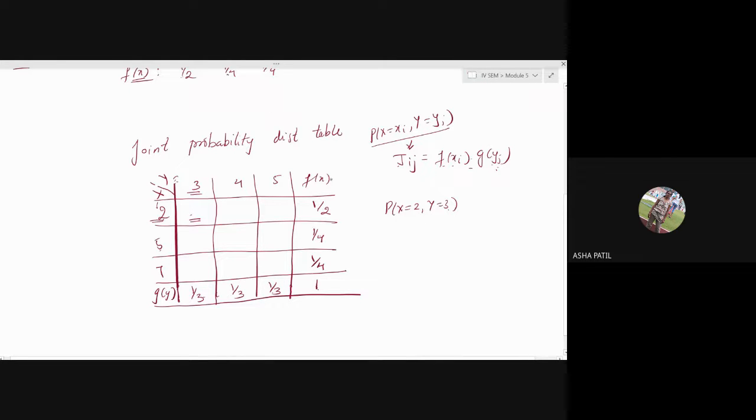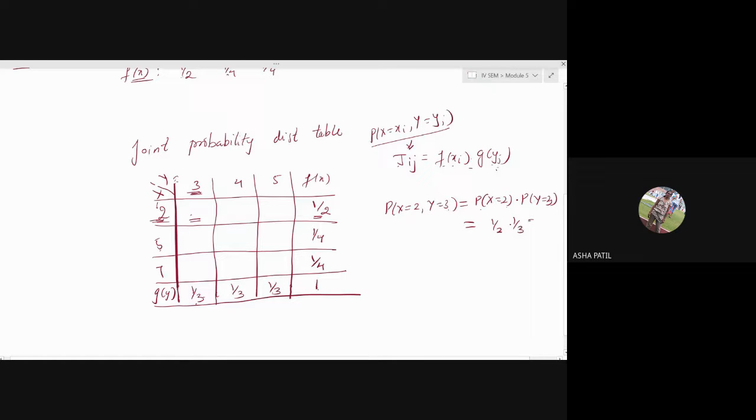Because it is mentioned that x and y are independent, we can write it as probability that x equal to 2 into the probability that y equal to 3. Now, how much is it? Probability that x equal to 2 is 1 by 2. Probability that y equal to 3 is 1 by 3.